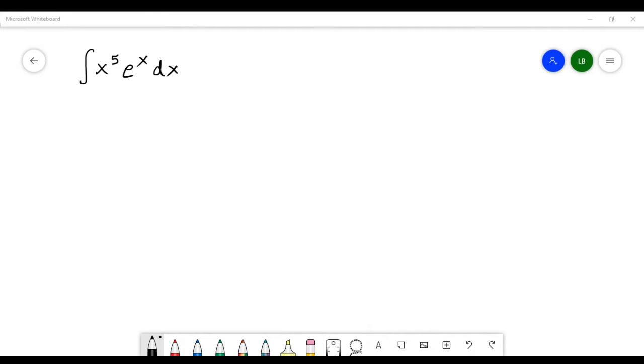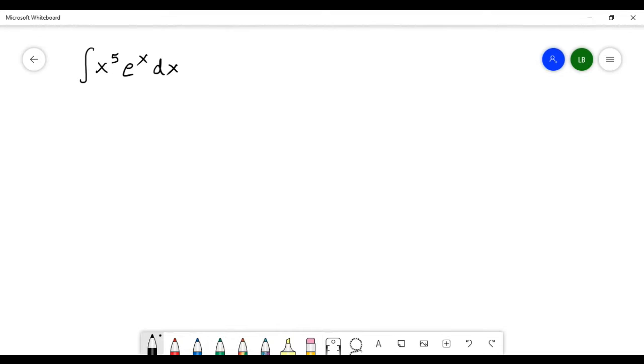Yeah, 4 or 5. In this case, I believe it's 5. And naturally, we don't want to do that because that's not fun. It would take a while. So there's actually a shortcut method we can use, which is great news for us. And that is using a table.